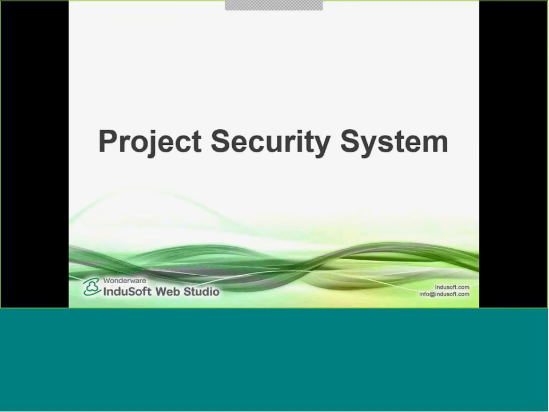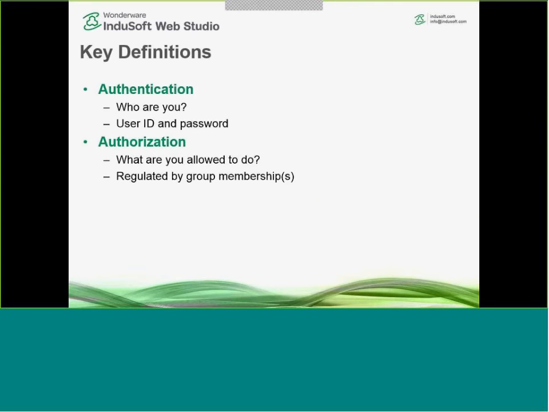So now a little bit about the project security system itself. I want to talk about two different things. When we talk about project security, we're talking about authentication and authorization.